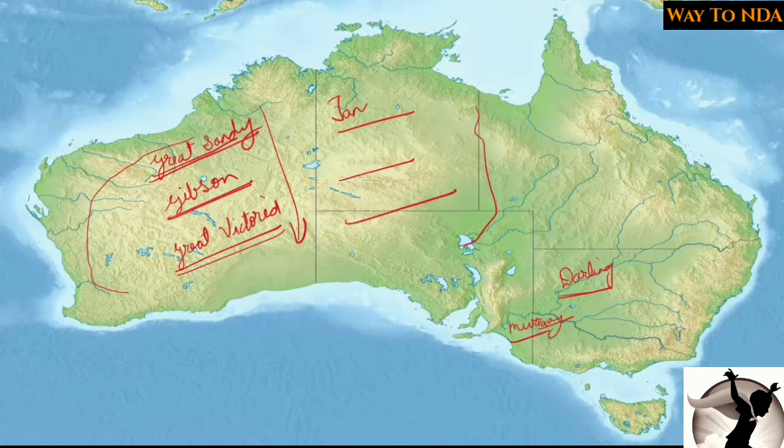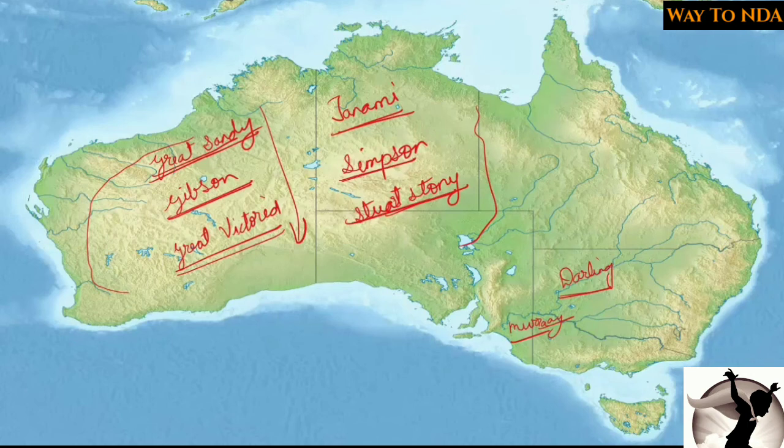These deserts are, first, the Tanami Desert, then the second one is the Simpson Desert, and the third one is the Stuart Stony Desert. So these are the 3 important deserts again in the middle area of Australia.